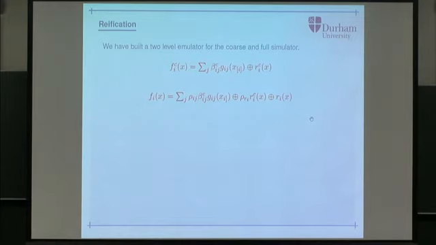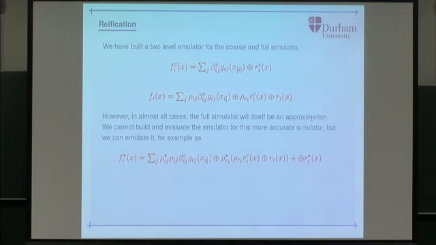At that time, I hadn't built it. But just as I had beliefs that go from my coarse to my full, I can emulate from my current model to the emulator I would get if I much refined my grid, effectively by doing the same thing again. All I've done is rescale my parameters, rescale my residuals, and add a new term. So I can't run the higher level model, but I can emulate it.